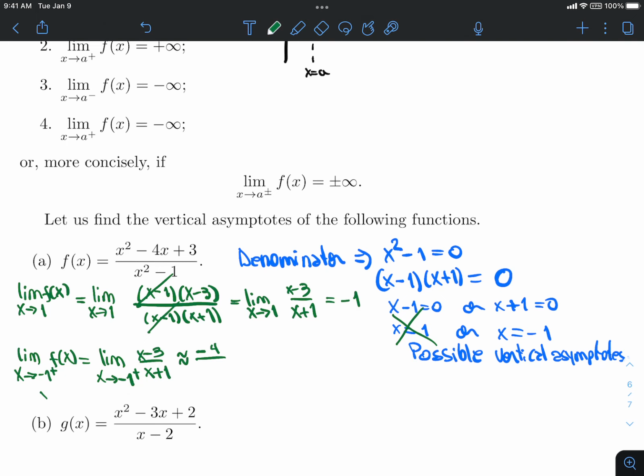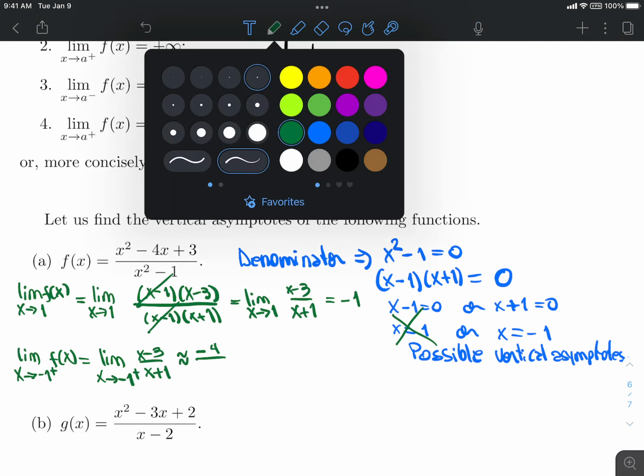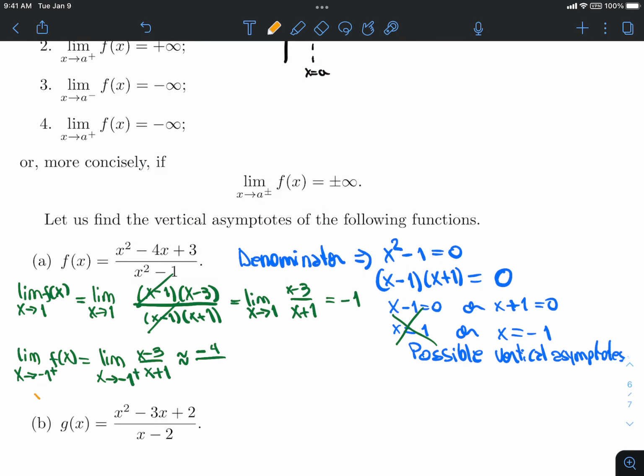Okay, so x, let me do it in a different color so you remember what I'm doing. x is bigger than minus 1, which means x plus 1 is bigger than 0. This bottom here is positive, but still very, very small because they're very, very close. So this will be something small positive.